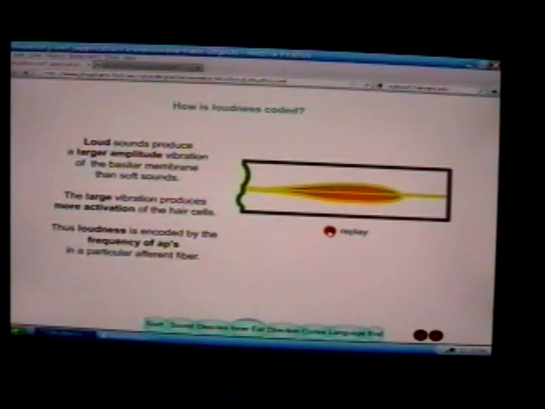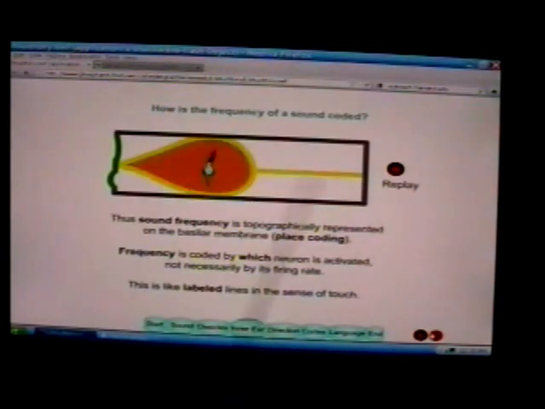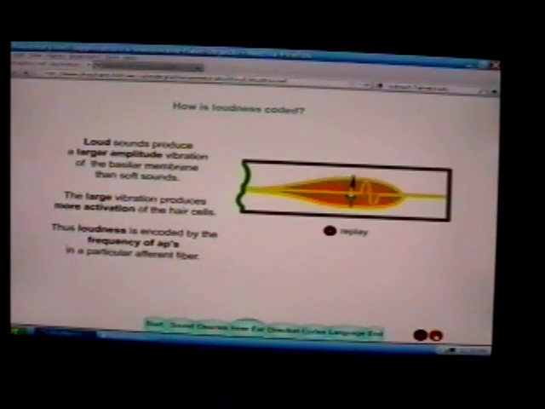So that's called frequency coding, because it's the frequency of action potentials that is correlated to the loudness of the sound. So we've got place coding representing the frequency of sound, so the tone, and then frequency coding representing the amplitude of the sound.